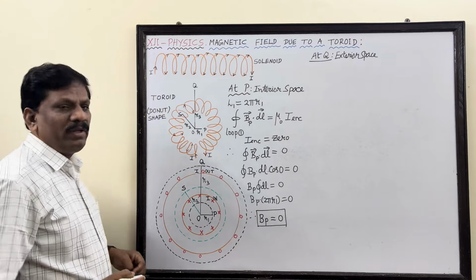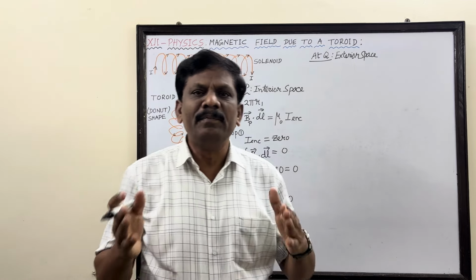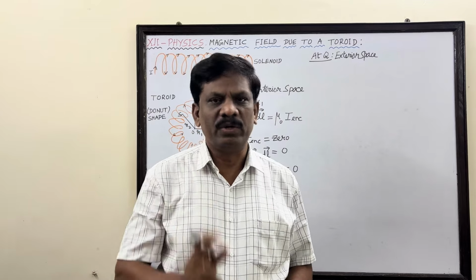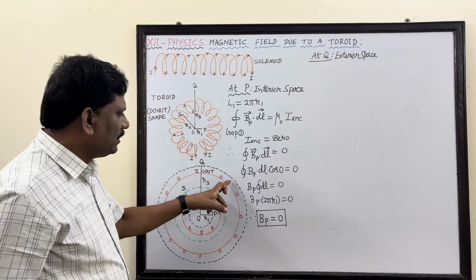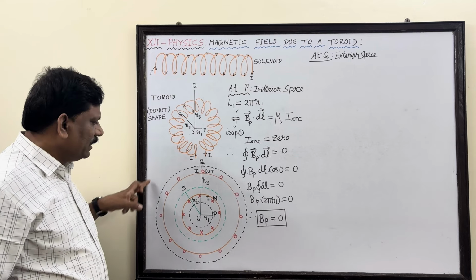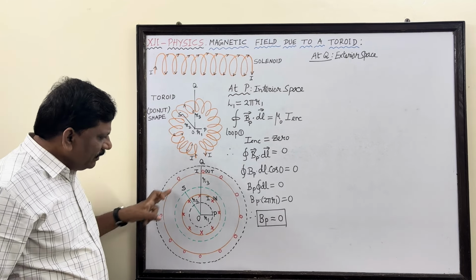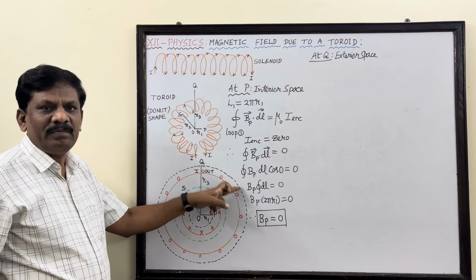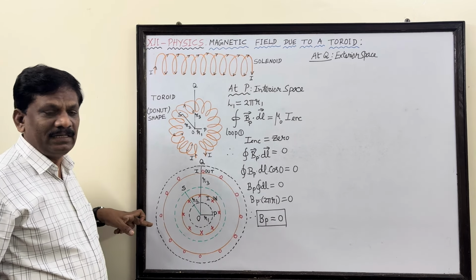So now I have to imagine an Amperean loop passing through the point Q. So can you see this dotted circle which is passing through Q? Okay.